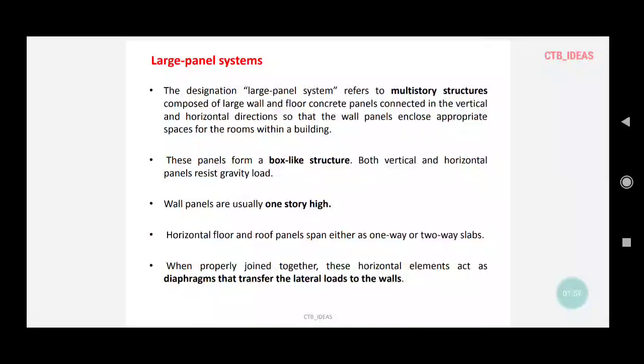The designation large panel system refers to multi-story structures composed of large wall and floor concrete panels connected in the vertical and horizontal direction, so that the wall panels enclose appropriate spaces for the rooms within the building.